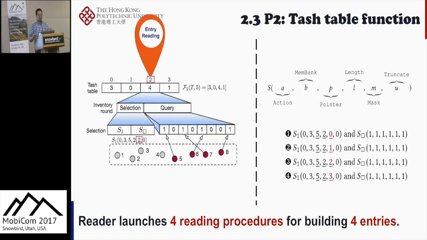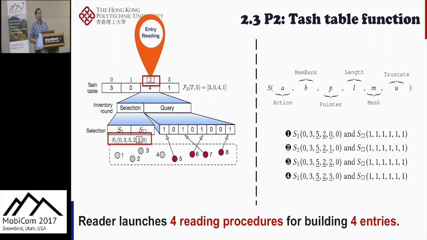This shows the design of the hash table function. We build a hash table entry by entry. Each entry corresponds to an independent reading procedure. For example, we want to build the third entry. The third entry means that the hash value equals 2, because the table index indicates the hash value.